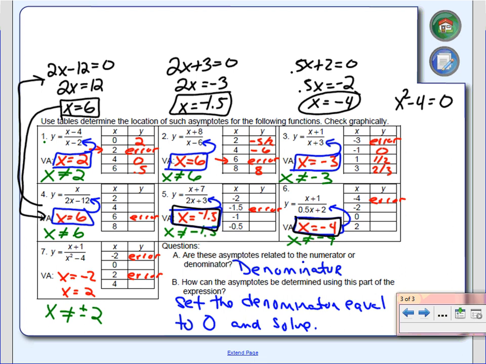Once you graph it, what exactly are we looking for in that graph? The zeros, or the x-intercepts. And where are those x-intercepts? Negative 2 and positive 2. So whenever we have a quadratic in our denominator, how many vertical asymptotes are we going to have? 2. So we have 2 solutions in a quadratic.